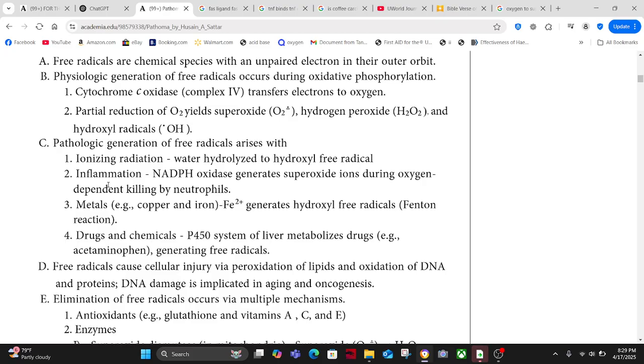NADPH takes the oxygen and adds an electron, making it superoxide.